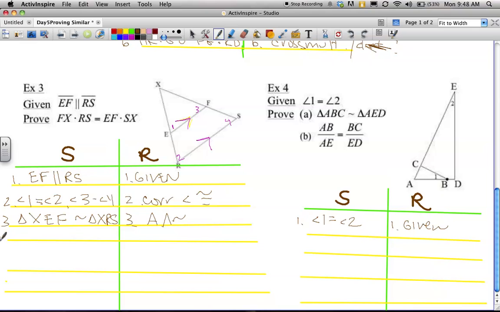And then step 4 is to show the relationships of the sides. So again, let's start with FX because that's in the proof. So FX lines up with SX. And we have EF.